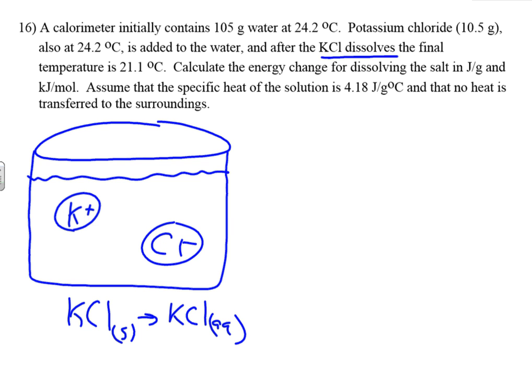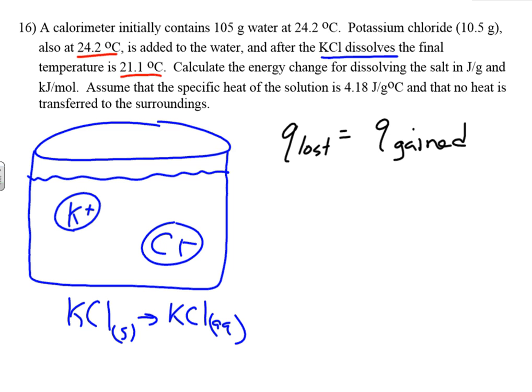But again, there's an energy change associated with this. So let's take a look at what's happening to the mixture. Well, the solid and the water are both starting out at 24.2 degrees Celsius, and then the mixture is ending up at 21.1 degrees Celsius. So that solution overall is going down in temperature. So what we can do then is say that the Q lost is equal to the Q gained.